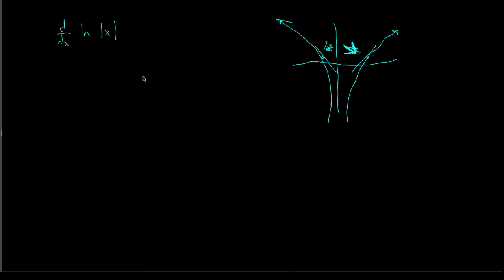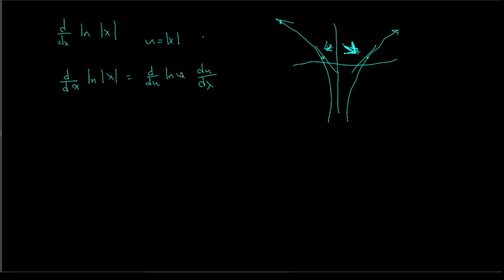And so let's look at this derivative. We're going to have to use the chain rule here now. So we're going to say the absolute value of x will be u. That means we'll look at this in the form of d/dx of ln of |x| is equal to, using the chain rule, d/du of ln u times du/dx, right?